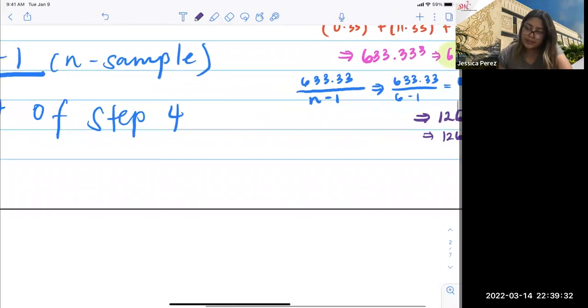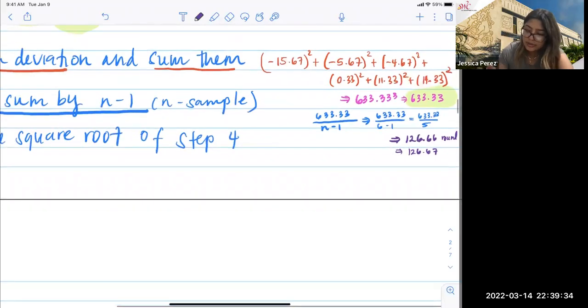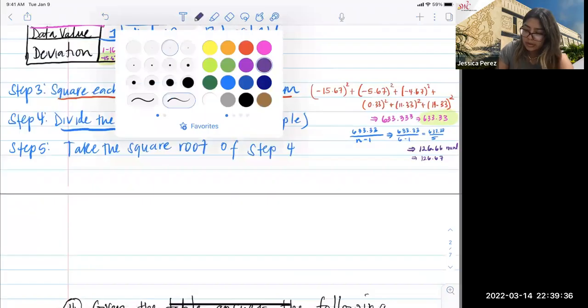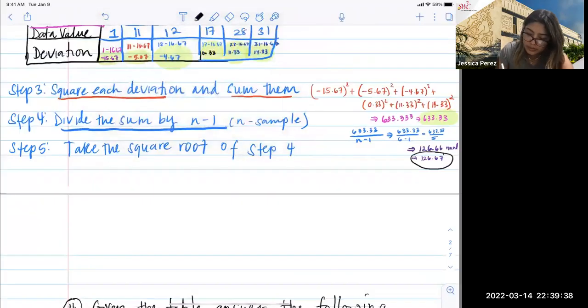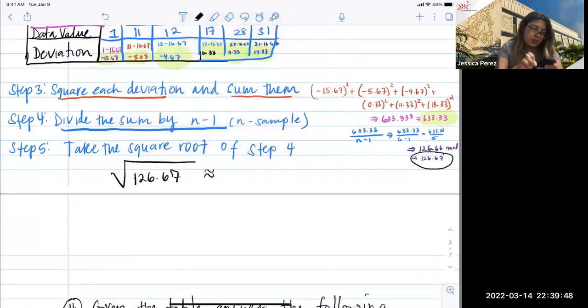So then the last step is you have to take the square root of that particular number. So you take the square root of 126.67. You're going to have to round.